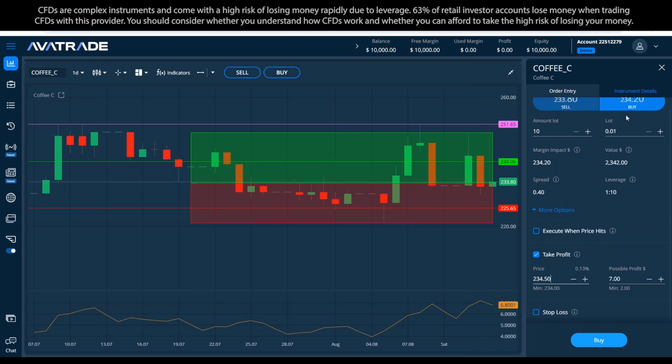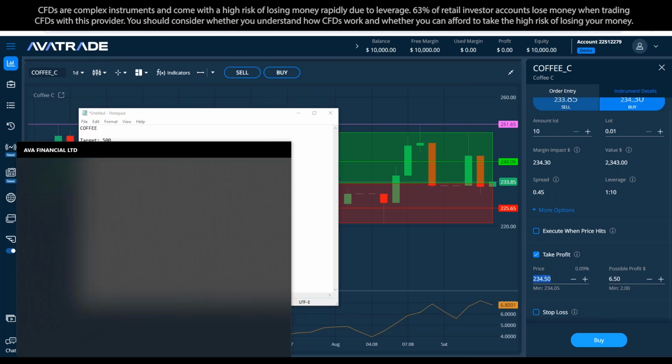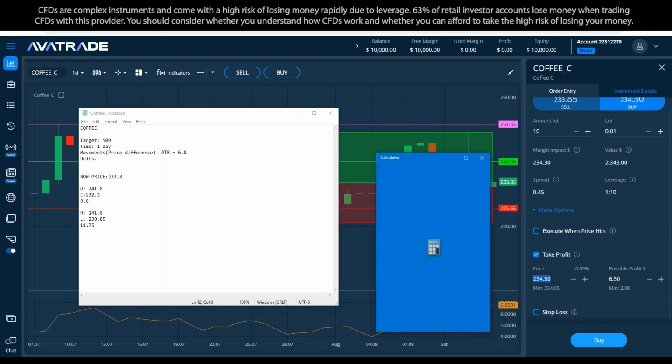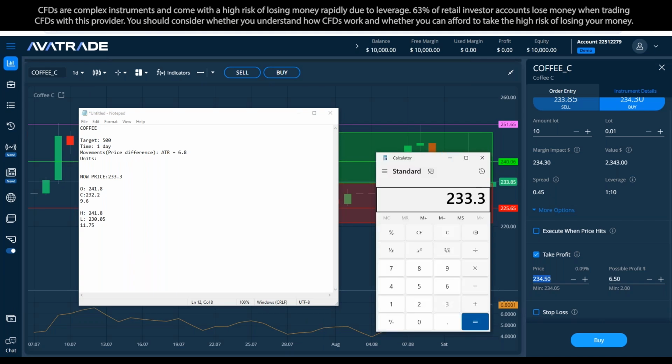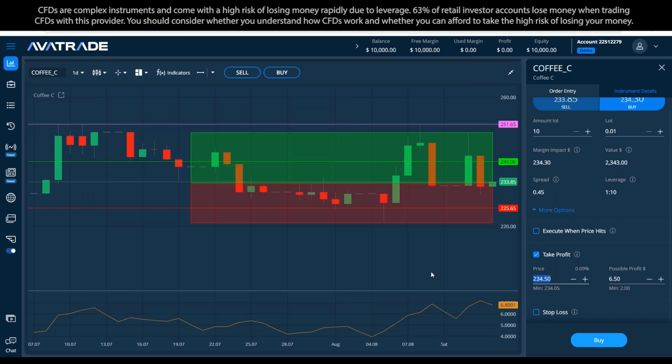Therefore, if I wish to buy and I wish to mark a take profit, it needs to be in a higher place. And if I acknowledge the ATR, which is 6.8, I can add it on top of the current price to have an idea where it can be take profit. Therefore, 240.1.